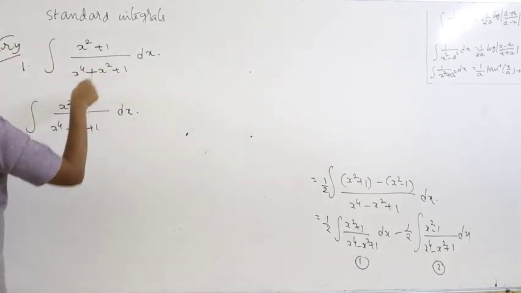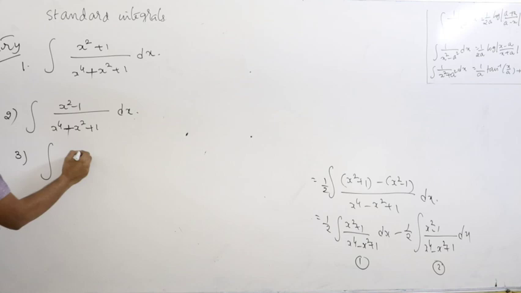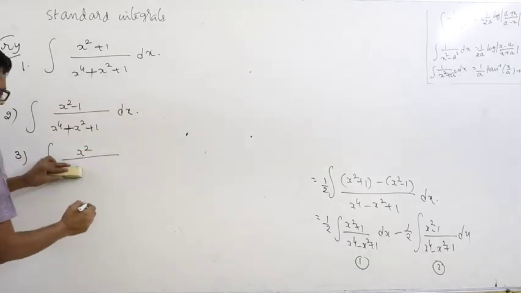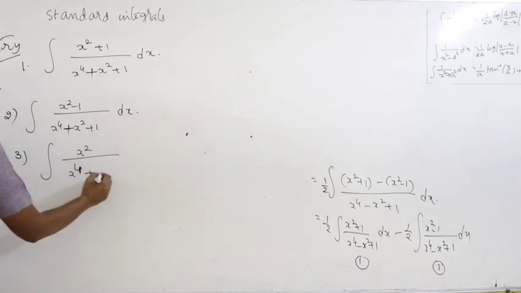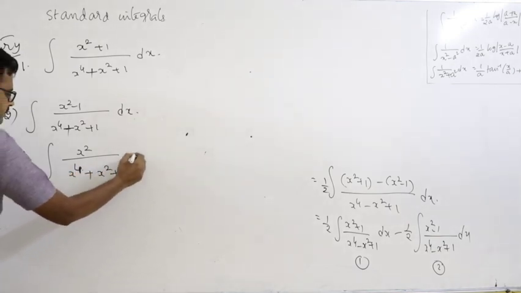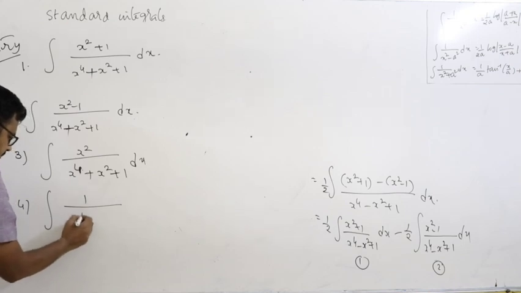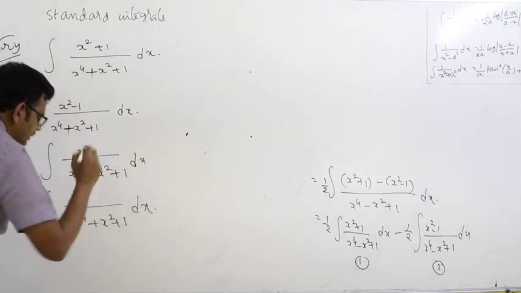Make it as plus. This one is also make it as plus. Third problem, integral x square by x power 4 plus x square plus 1 dx. Integral 1 by x power 4 plus x square plus 1 dx.